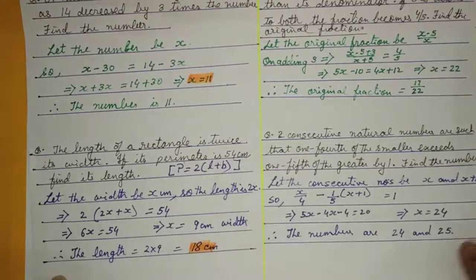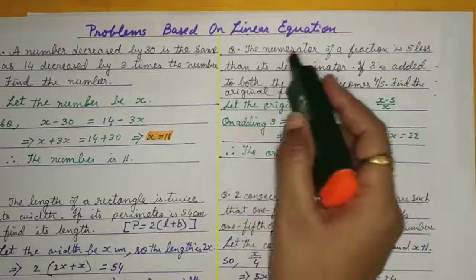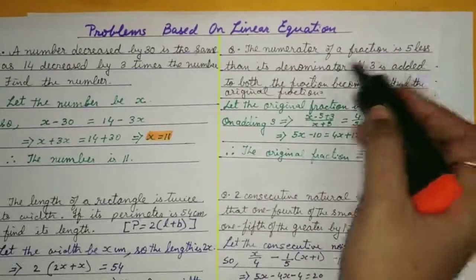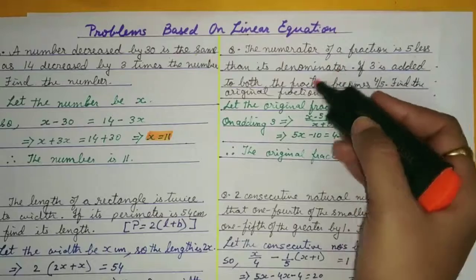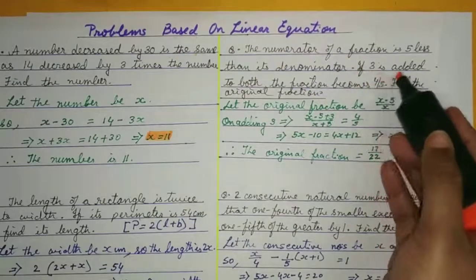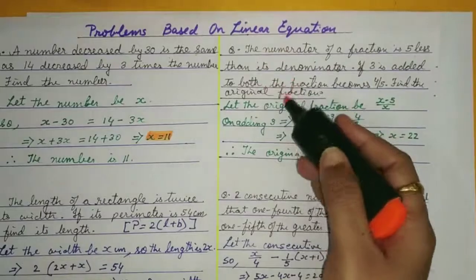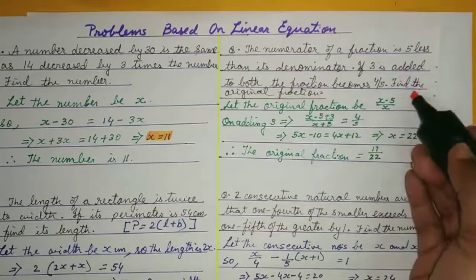The next question, interesting and easy also. The numerator of a fraction is 5 less than its denominator. In a fraction, you know a by b, a is the numerator, b is the denominator. After that, 3 is added to both the numerator and denominator and the fraction becomes 4 by 5. So what was the original fraction?